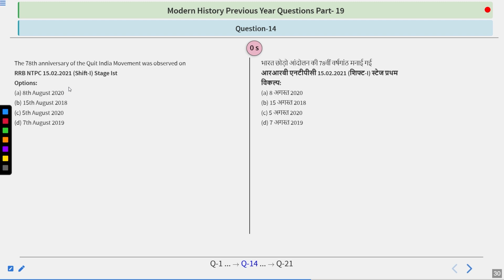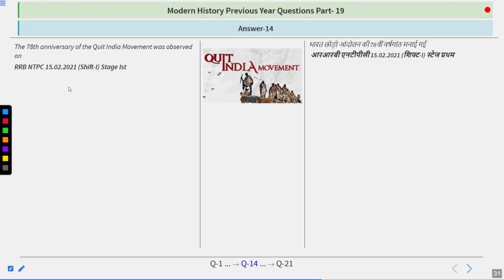I guess the answer you are thinking is quite right, because the answer to this question is 8th August 2020. The 78th anniversary of the Quit India movement was observed on 8th August 2020.